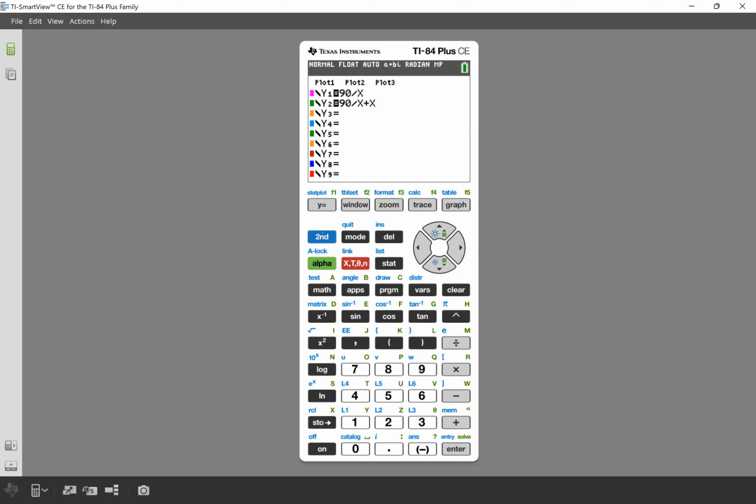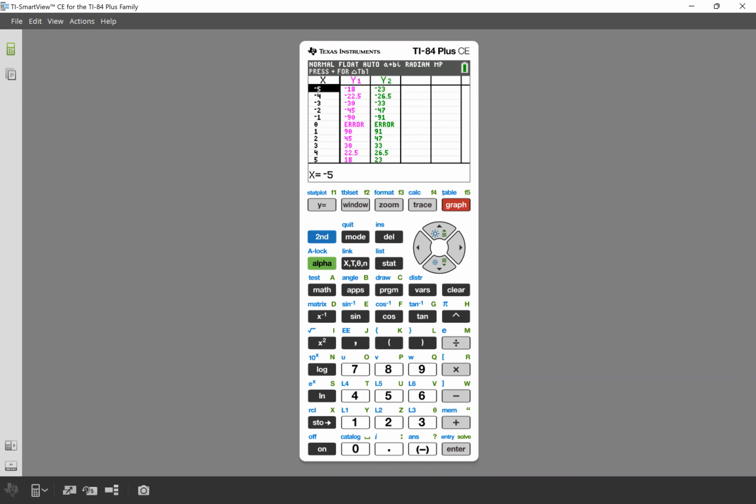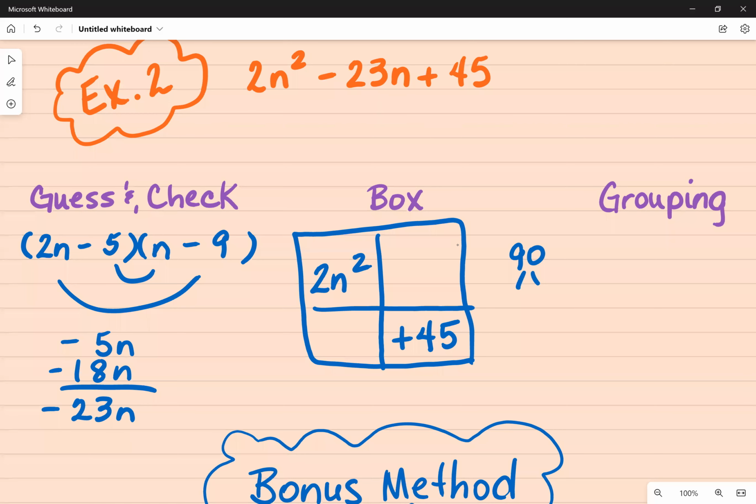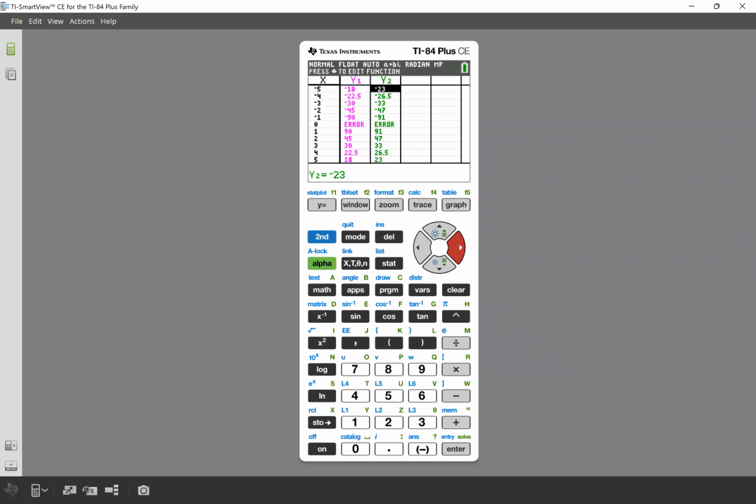So you're going to go to second graph, which is going to pull up your table. In your last column, you're looking for whatever your middle term was. Your middle term was negative 23, and that matters because if you look on this table, the very last line for the last columns shows a positive 23. We don't want a positive 23.